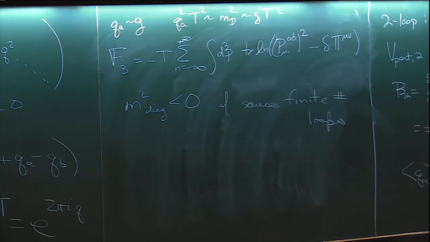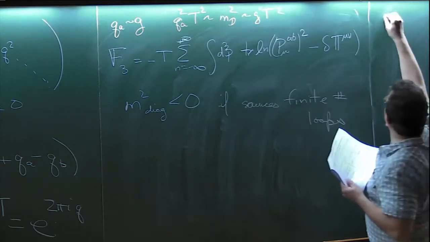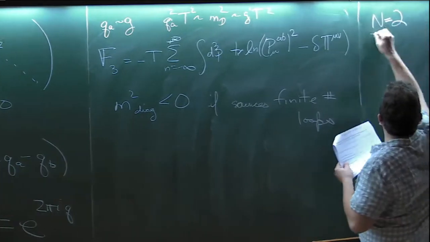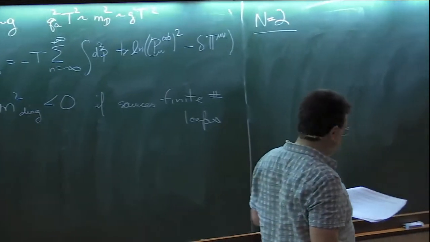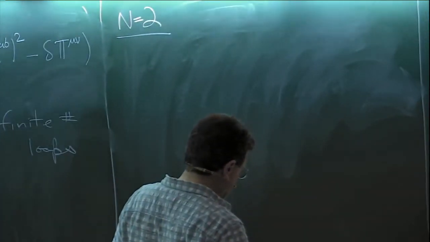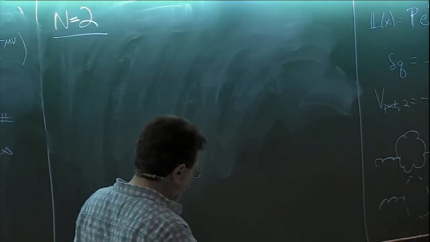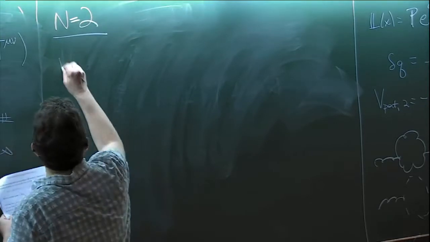Basically what happens is, I'll just briefly draw for you a phase diagram. I won't be able to explain it in detail, but I think you'll get the picture. Let me take two colors. The point is the following.